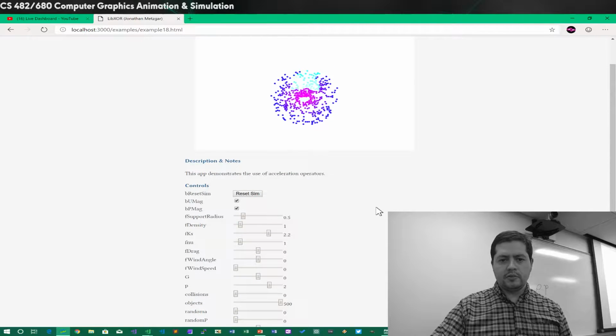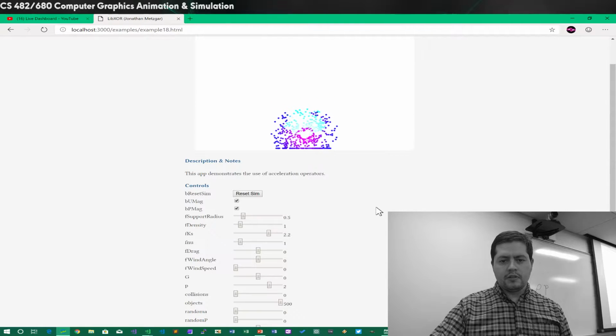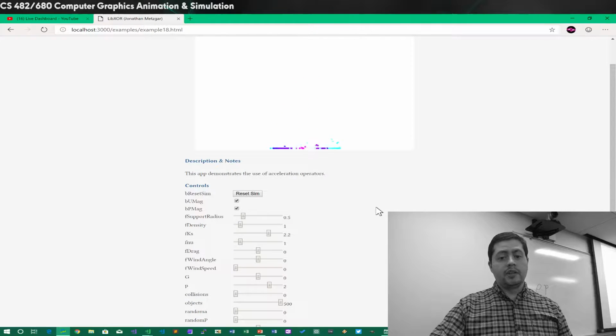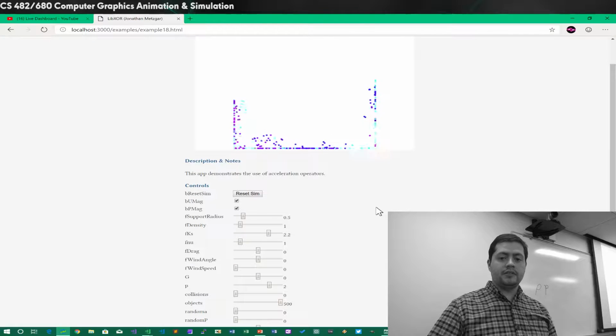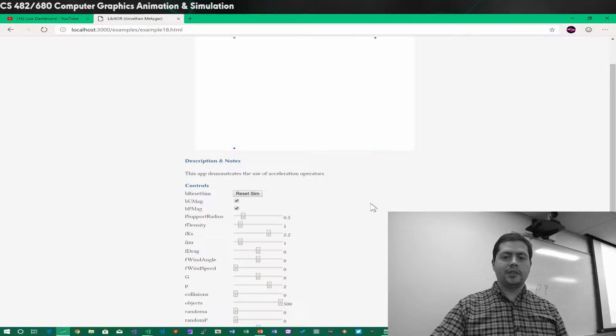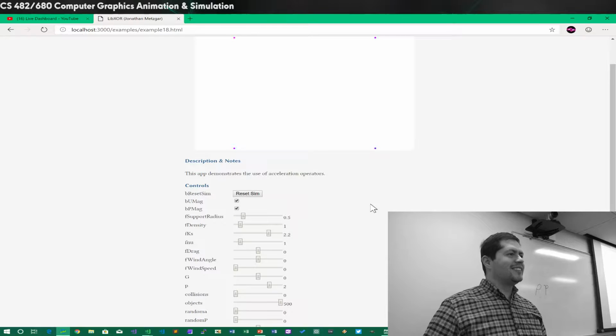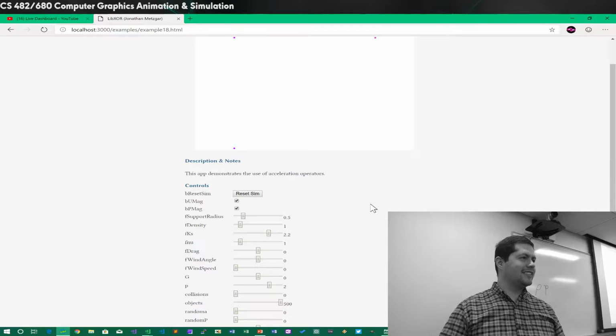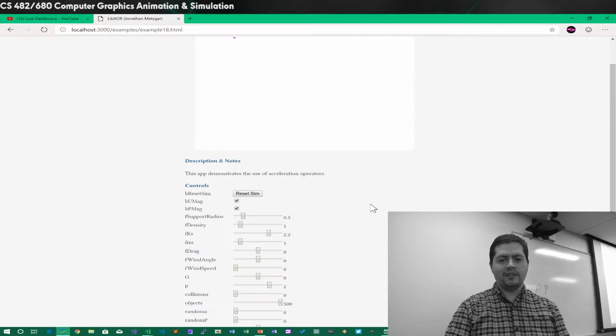Reset. So we added gravity, but yeah, we're going to try and fix or see what's happening, but the fluid isn't acting like what we are hoping for, right? That's the net effect there.